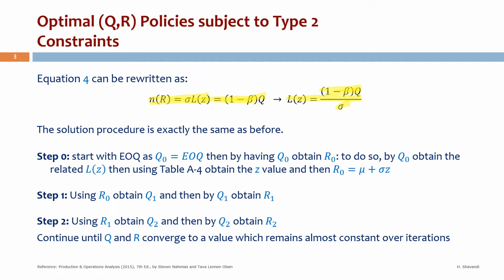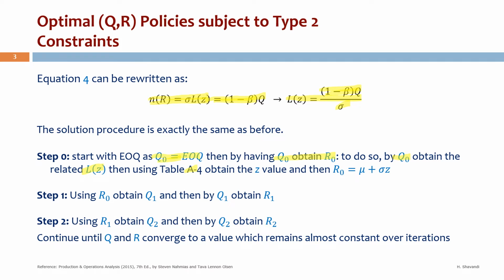Now this is our procedure. At first, same as before, we start from EOQ, which we call Q0, and with this initial value for Q we can obtain R0, the initial reorder point. How can we do this? By having Q0 and using this equation for LZ, we obtain the value for LZ, and then we go to table A4 and obtain the Z value from that table.